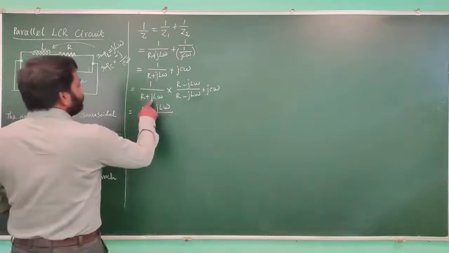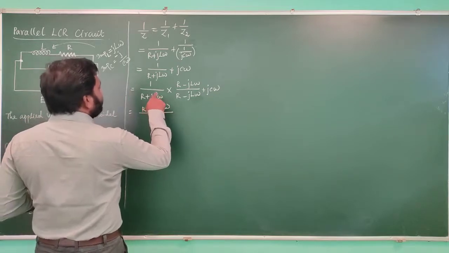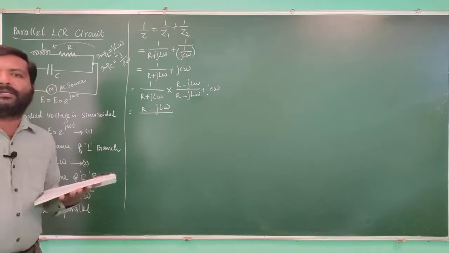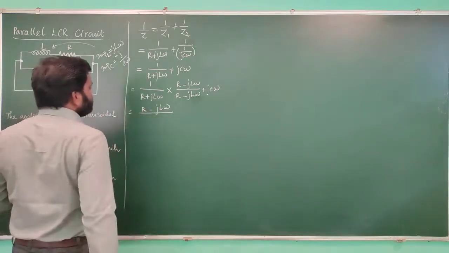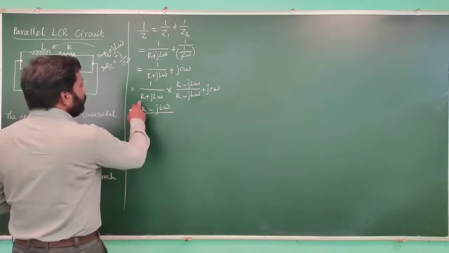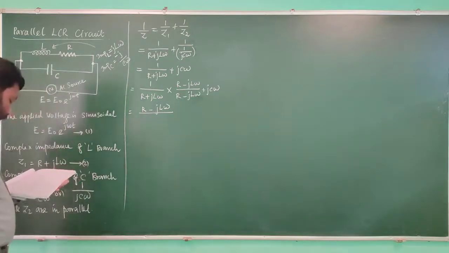In B square, j square L square omega square, and j square equals minus 1, so the minus and this minus cancel out, and it becomes R square plus L square omega square, right?